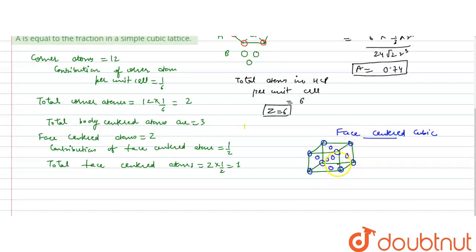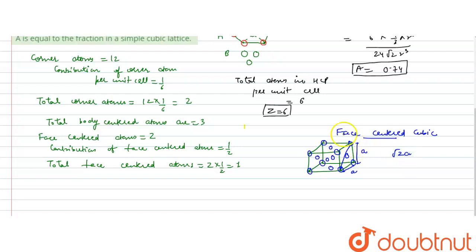Now if we take this one face, the atoms are present like this. Suppose this is the edge length of the cube, that is a, this will also be equal to a. So as this is a 90-degree angle, according to Pythagoras theorem, this will be equal to root 2a.